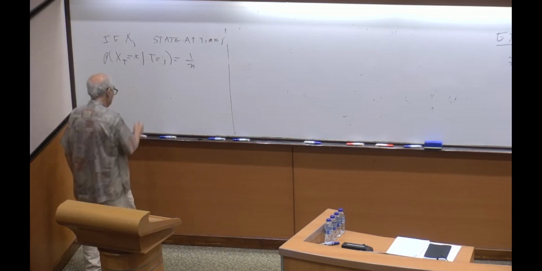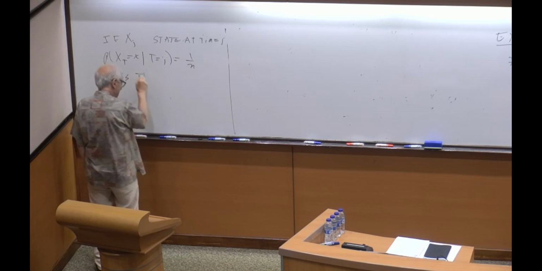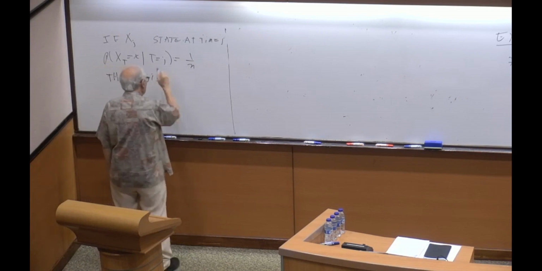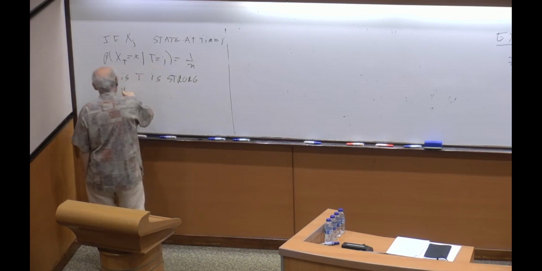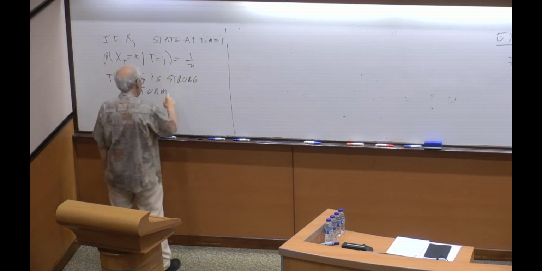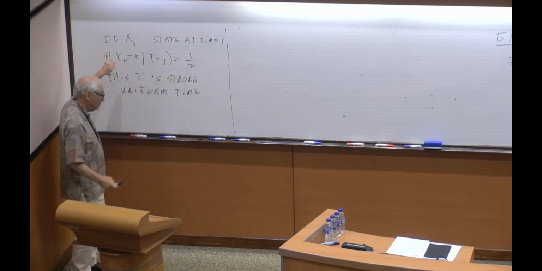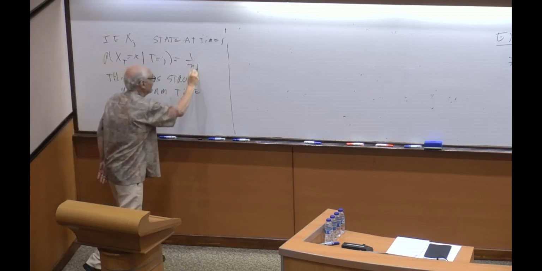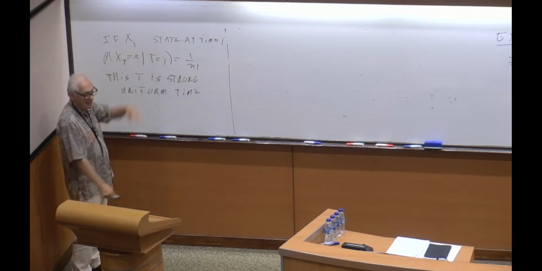and so this T, this stopping time, is a strong stationary time, strong uniform time. I'll define it more generally, strong uniform time. And what it means is that the process stopped at time T is uniform, 1 over n factorial, even given the stopping time.